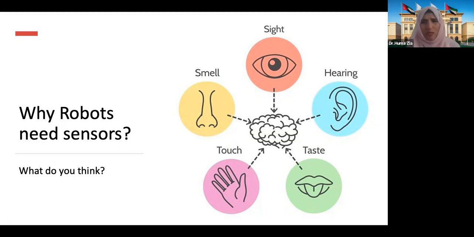And as far as smell is concerned, there hasn't been much demand for a robot that can actually taste or smell, so a lot of effort hasn't really gone into developing sensors for that. Now, as far as touch is concerned, humans have nerve endings throughout their skin. As such, we know when we have touched an object, and we know whether it's hot or cold.